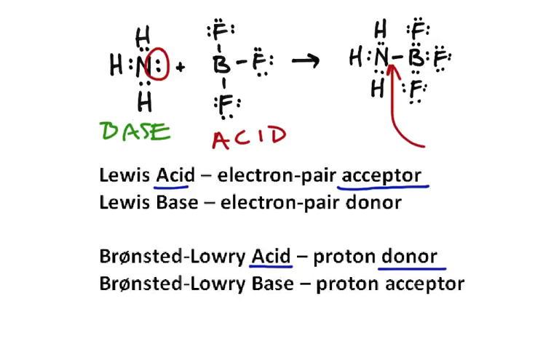So in one case the acid is the donor, donating a proton, and now we're saying that the Lewis acid is the acceptor, the electron pair acceptor. Just that wording sometimes gets people a little confused. So a Bronsted-Lowry base is a proton acceptor, but a Lewis base is an electron pair donor. And this happens for the special case where we have a coordinate covalent bond.